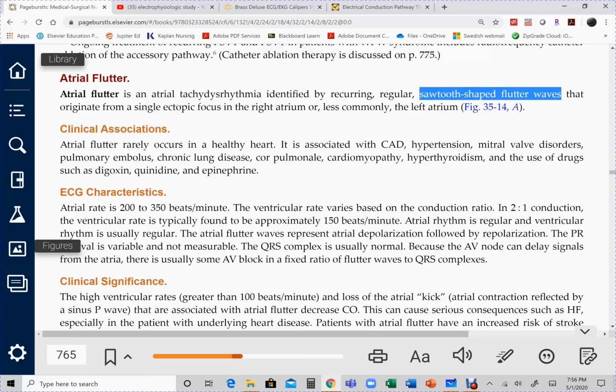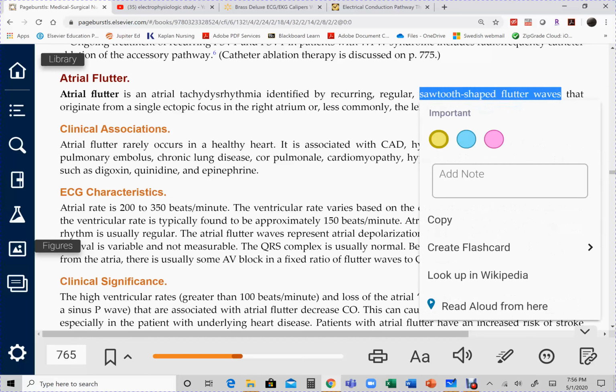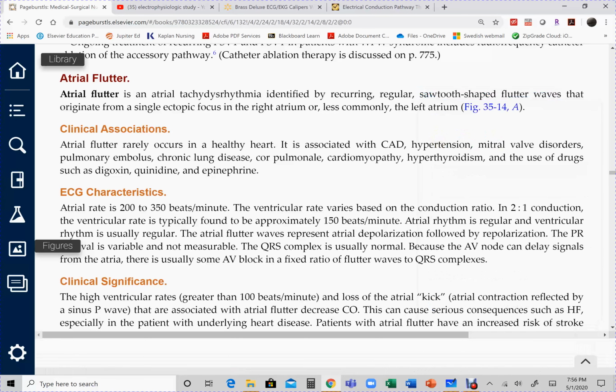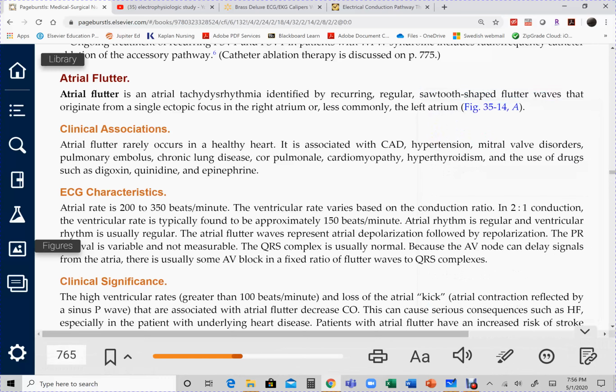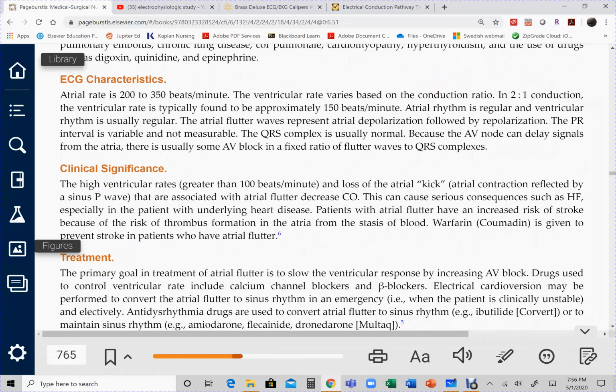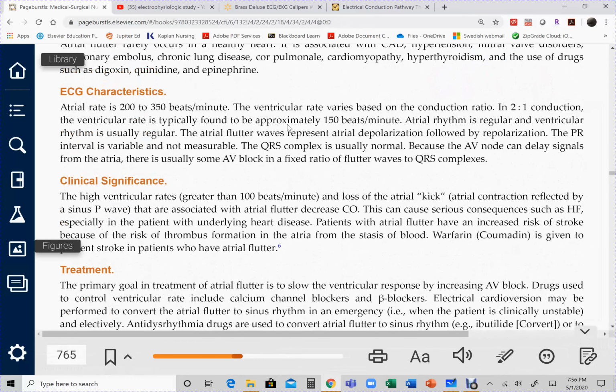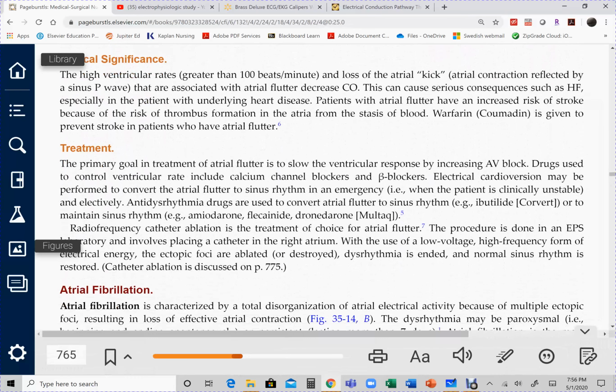So this is one of those that have electrical signals coming somewhere else besides the SA node. But like I said, this one has a very distinct pattern. Instead of seeing P waves, you'll see sawtooth F waves. Okay. Please look at the causes and treatment.